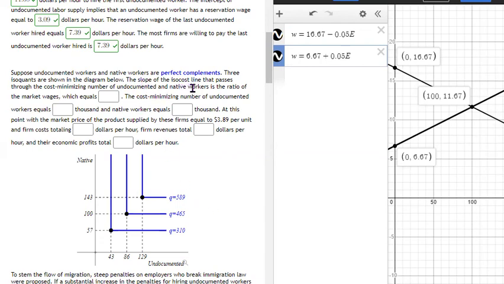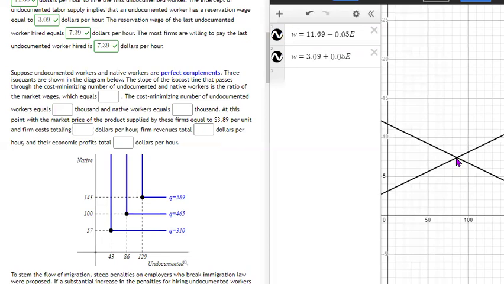The slope of the isocost line that passes through the cost minimizing number of undocumented and native workers is the ratio of the market wages, right? So we have undocumented workers here, and the undocumented market wage is $7.39, right? Since undocumented workers are on the x-axis, the slope of an isocost line is their wage divided by the wage of native-born workers.